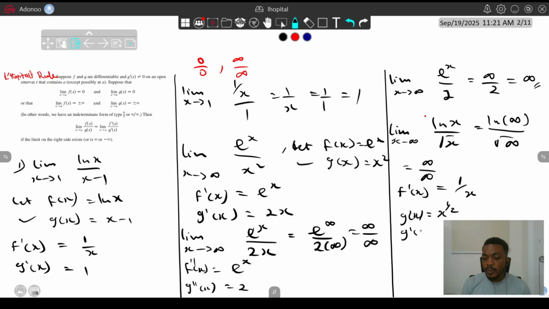So g prime of x is going to give us 1 over 2 x raised to the power minus 1 over 2, which is the same as saying 1 over 2 x raised to the power 1 over 2, right? So we insert these two into the function.